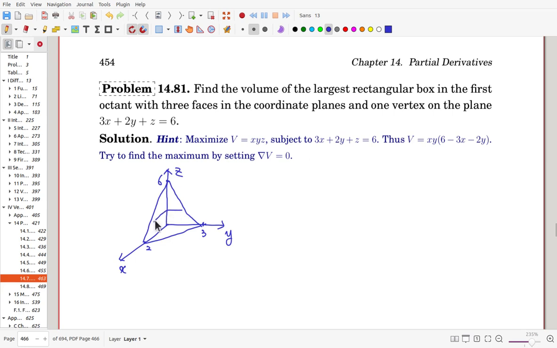Now, there is a rectangular box, and here, like that.